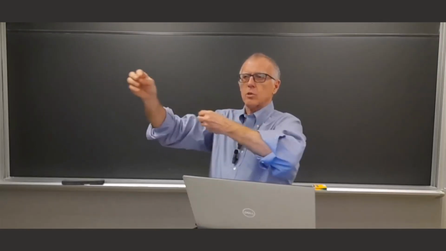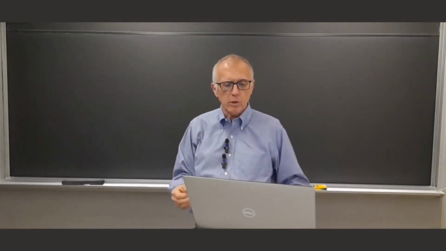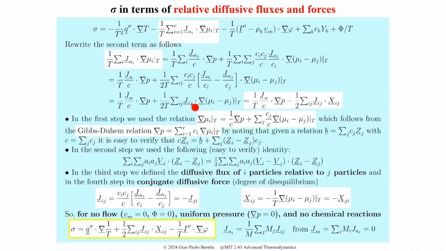So there is a crossing of the flows. Okay, so here Jij is the flux of particles of the water vapor with respect to the motion of the air molecules. So it's a relative flux. And also these chemical potential differences that are also written here, we can think of them as the conjugate, so these relative forces.